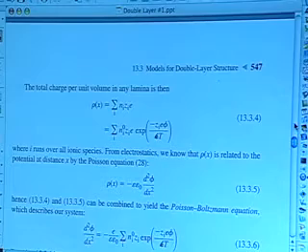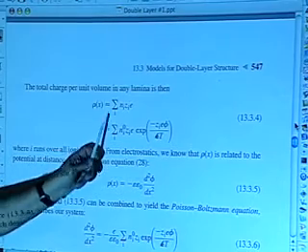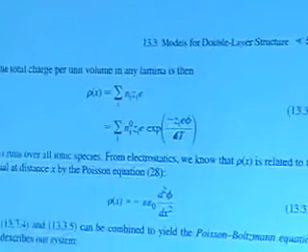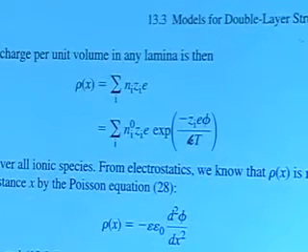So the charge density is in fact this, and remember that Z is the signed charge on that ion. So if it's chloride, that's -1. If it's sodium, it's +1. We need to keep track of the signs of these ionic charges. And e is the charge on the electron, no matter what.